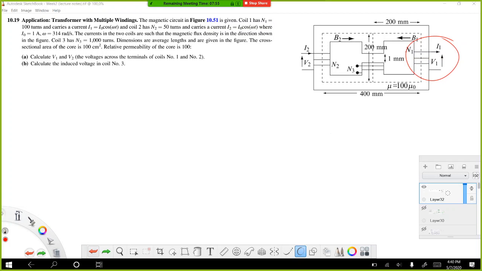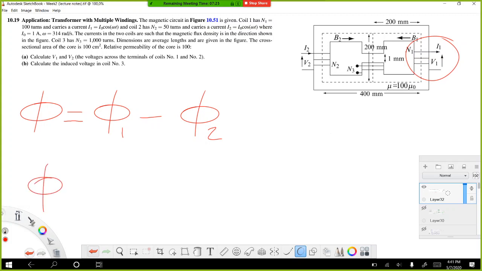Now let's compute from the beginning. The total flux inside the core is Phi1 minus Phi2.